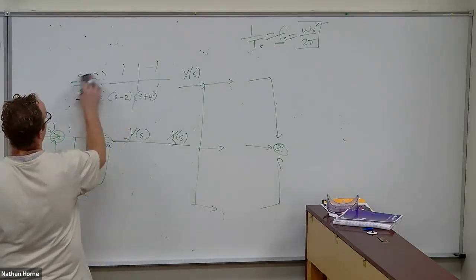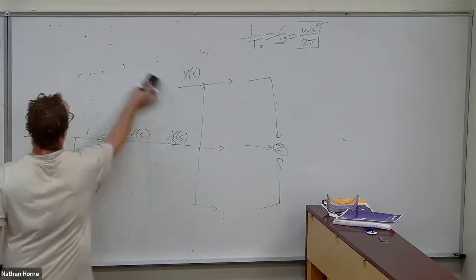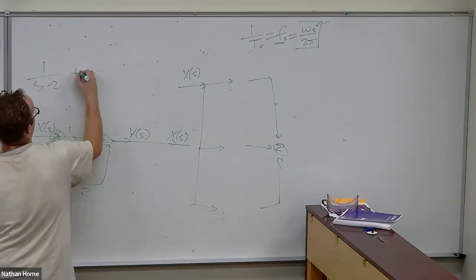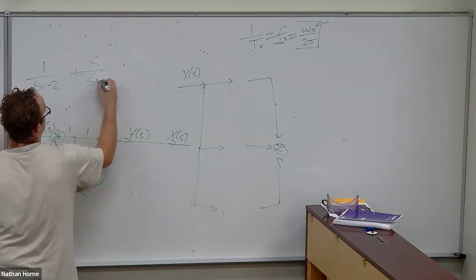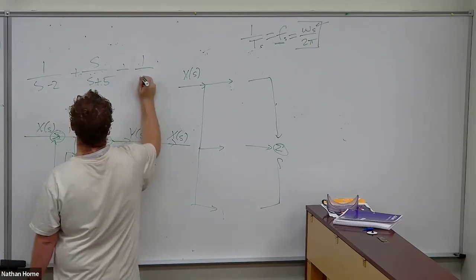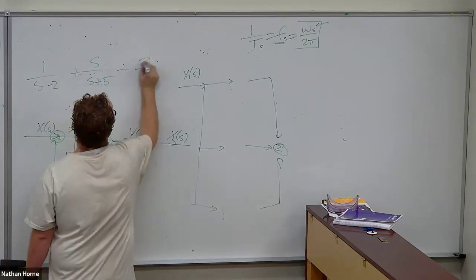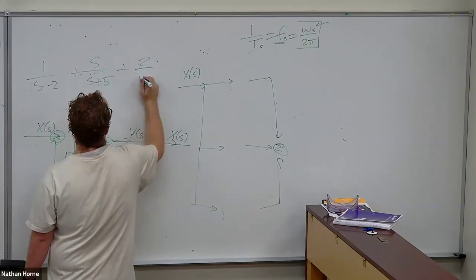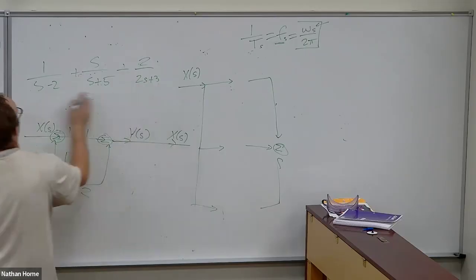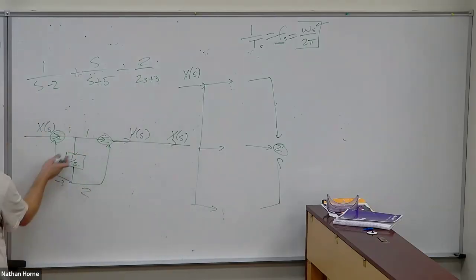Now let's say instead it's something like 1 over s minus 2 plus s over s plus 5 minus 1 over, let's call this 2, 1 over 2s plus 3. What is this block like? We'll just repurpose this.